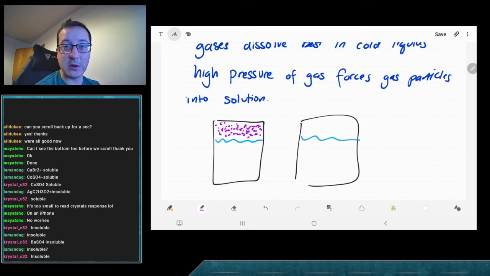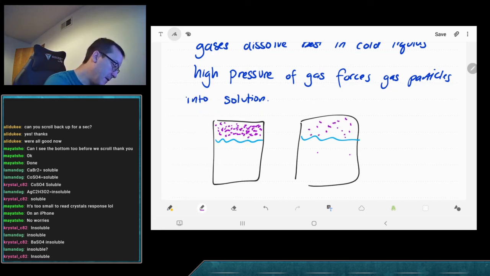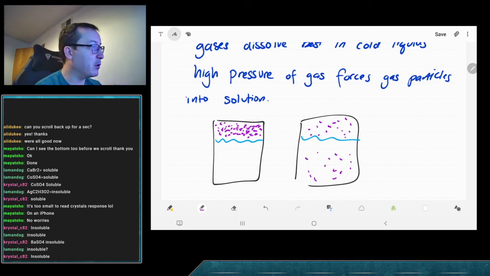The gas molecules don't like that. And so they're actually going to, once they figure out their lives, some of those are just going to say, you know what, I can't handle all this pressure. I'm going to move into the water even though I don't like it. And so we're going to see that the higher the pressure you put on a gas, the more likely it will be to dissolve in the water.